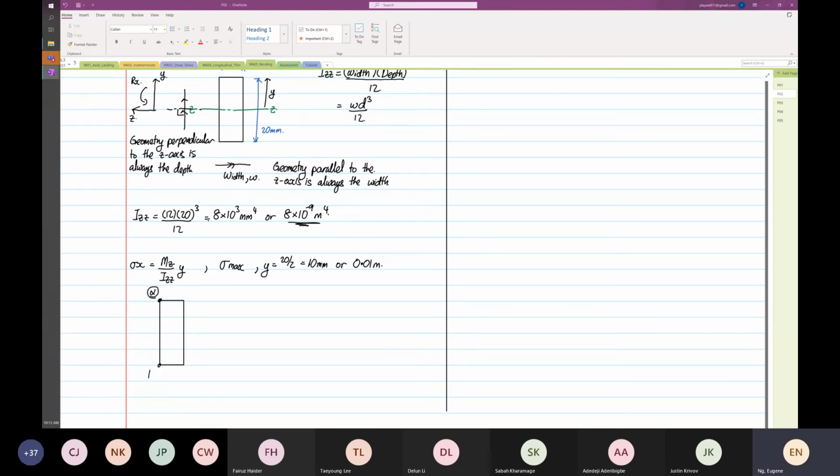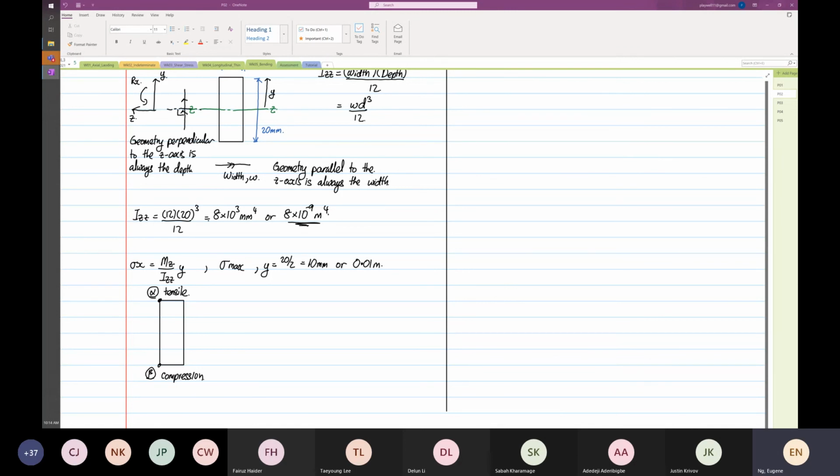So we know alpha is in tensile, we knew that already, and beta is in compression. Hold on, there's something wrong. Okay, so this is in tensile, and that is in compression.